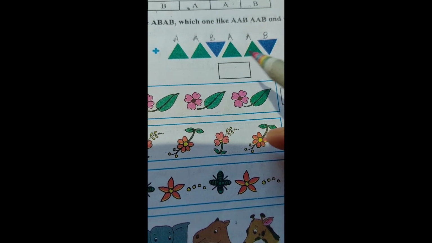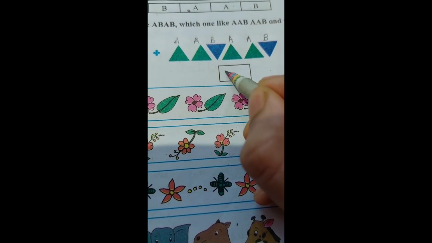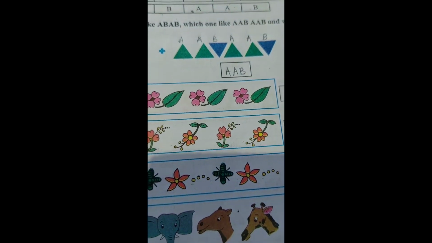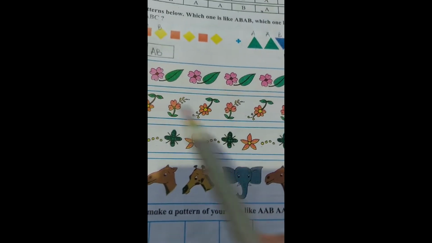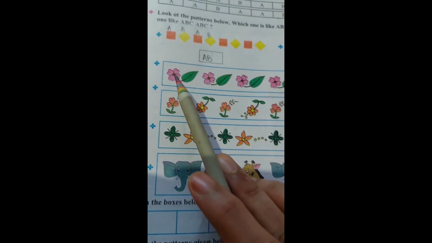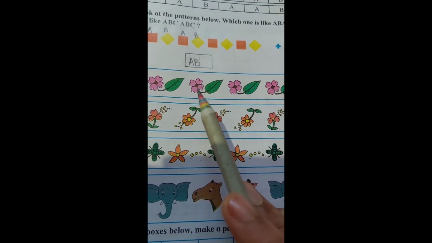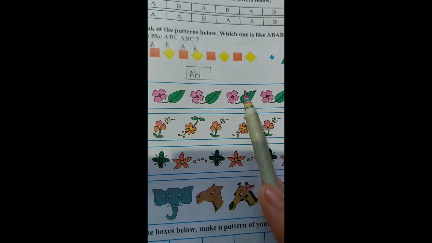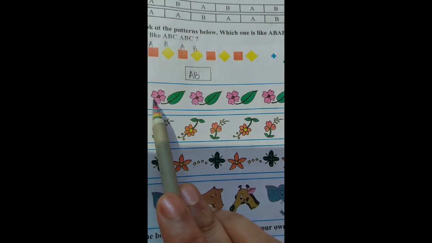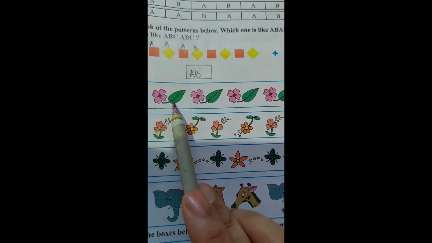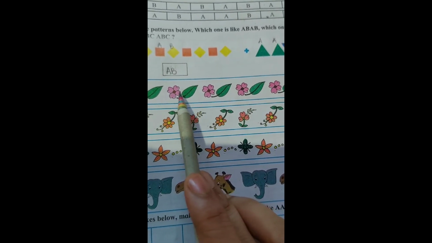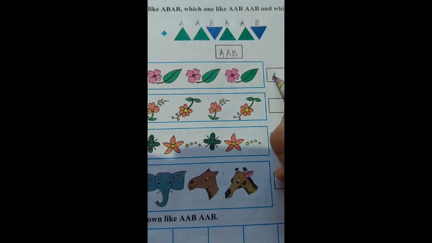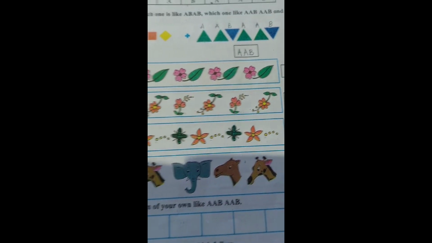A, B, A, B. So what will you write over here? Yes, you will write A, B. Very good. Now see the next one. You have a flower, a leaf, a flower, a leaf. So we have only two things repeated again and again. So if flower is A and a leaf is B, so what pattern it is? A, B, A, B. So here you will write A, B pattern.